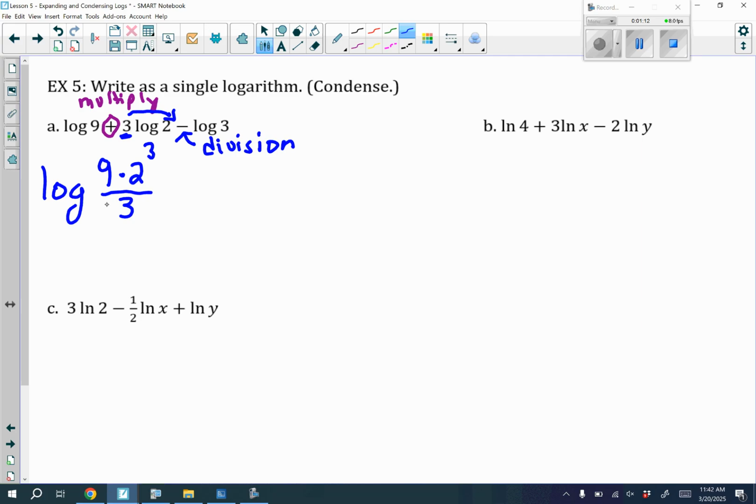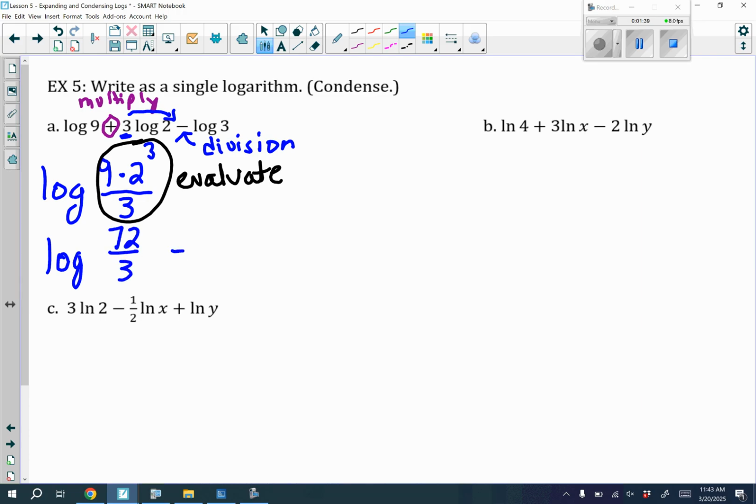Now, anytime we have numbers, we must evaluate. Okay, so we got to evaluate this. If it's just variables, you're not going to evaluate, but any numbers, we must do that. So basically, we do 2 cubed, that gives us, sorry, not 18, 2 cubed is 8, and then we do 9 times 8 to give us 72 over 3.